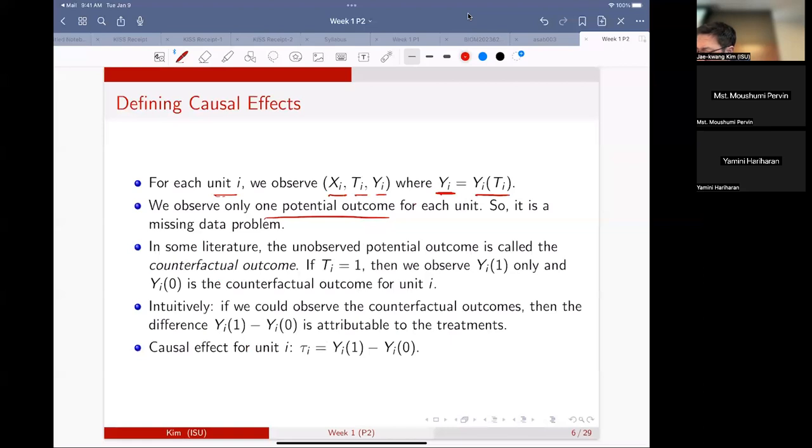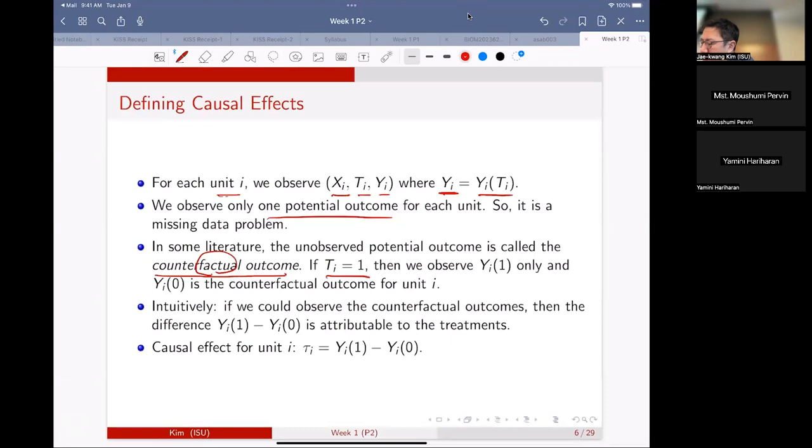In some literature, especially in philosophy, the unobserved potential outcome is called the counterfactual outcome. Okay, so counterfactual, versus the fact. So for example, if t equals 1, then for unit i the factual outcome is yi1, and yi0 is the counterfactual outcome, right?